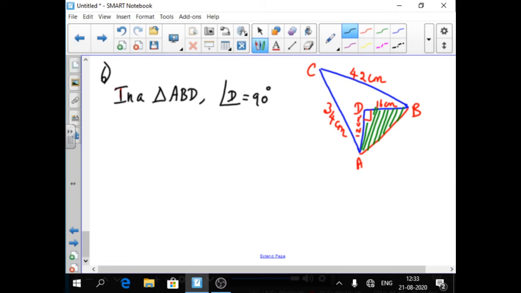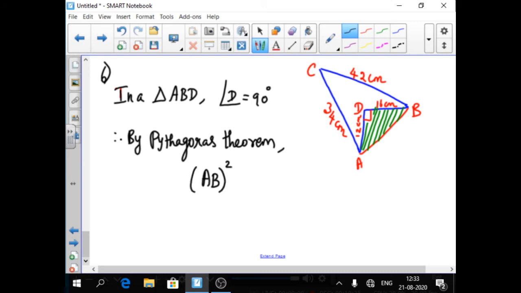So therefore by Pythagoras theorem, AB square, that is hypotenuse square, is equal to sum of the other two sides, that is AD square plus DB square.